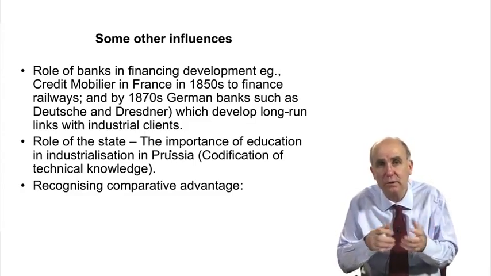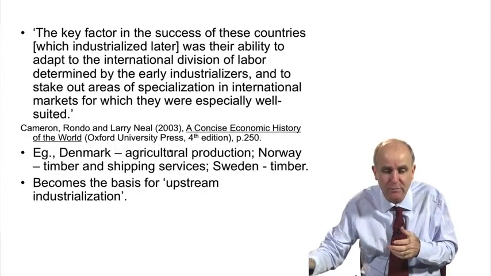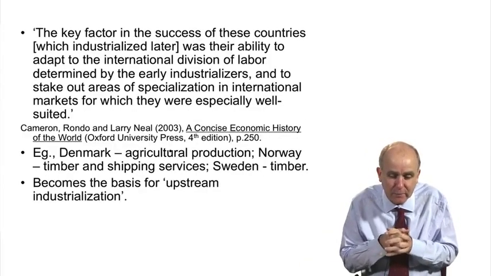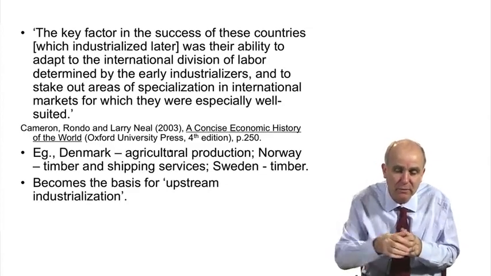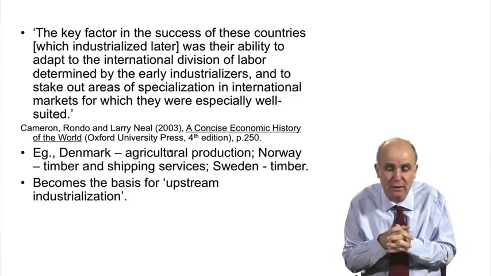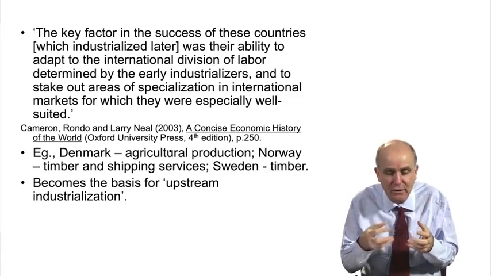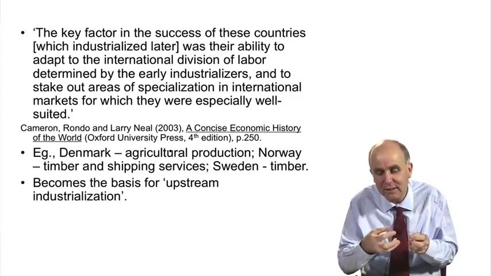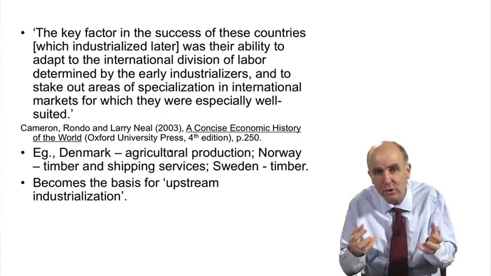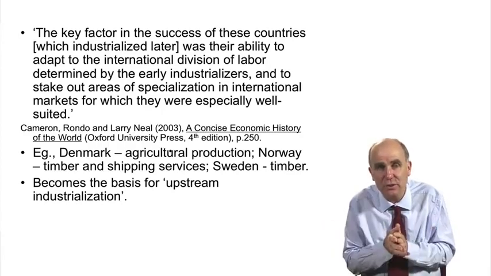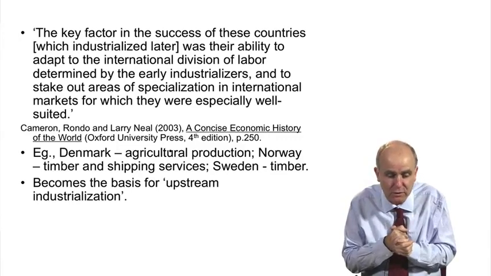A final important point to talk about is just recognising comparative advantage. Cameron and Neal have made the point that, and this is probably in particular with reference to countries that industrialised later, a key factor that determined whether countries that industrialised later were able to be successful or not was their ability to adapt to the international division of labour determined by the early industrialisers, work out what they were good at and specialise in producing those types of goods and services.